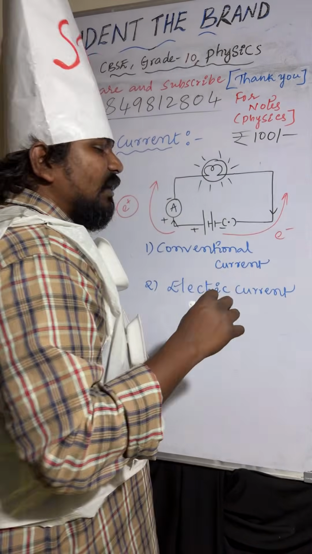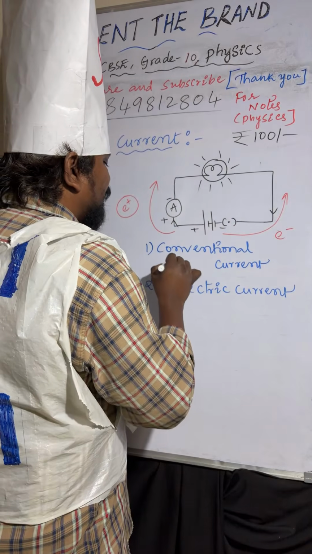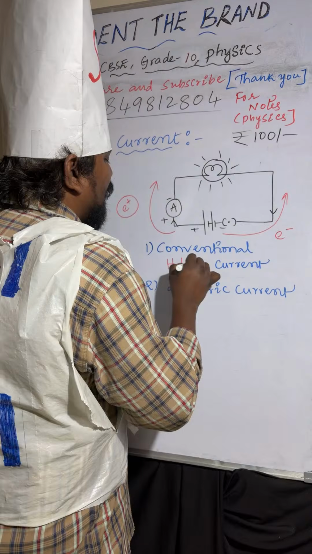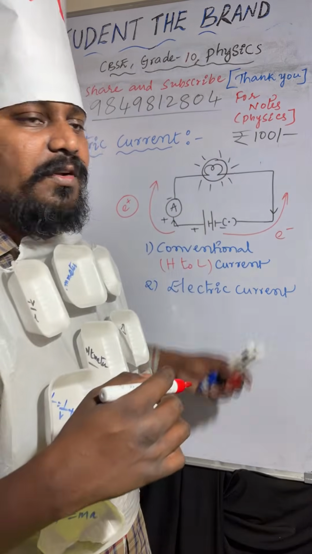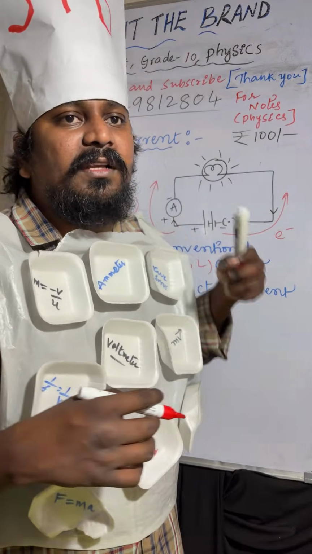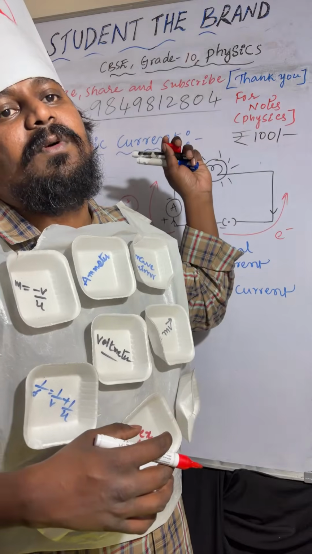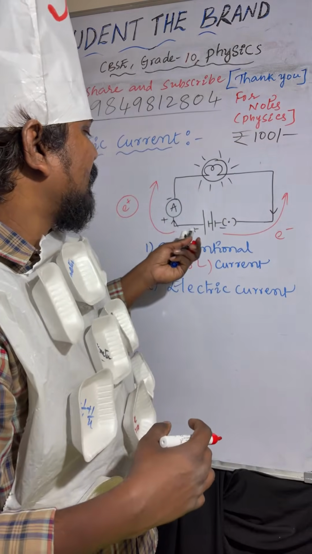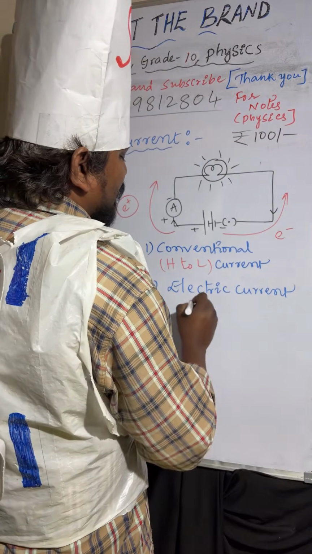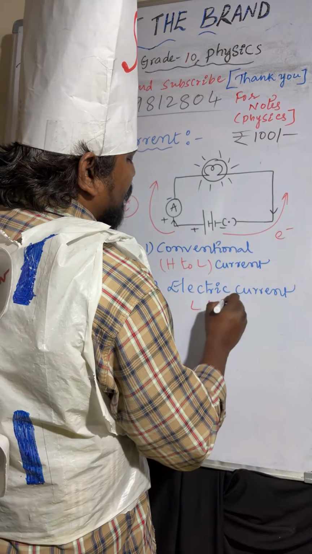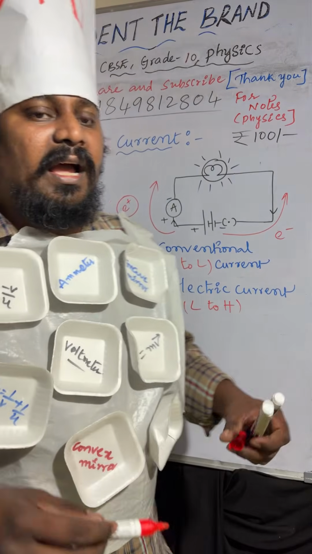For conventional current, the flow of positive charges moves from high potential to low potential, whereas electrons move from low potential to high potential.